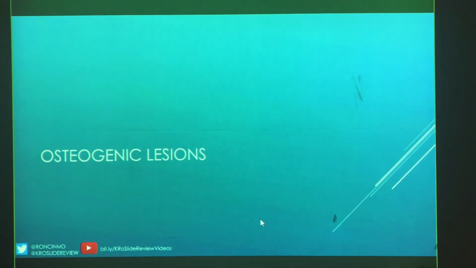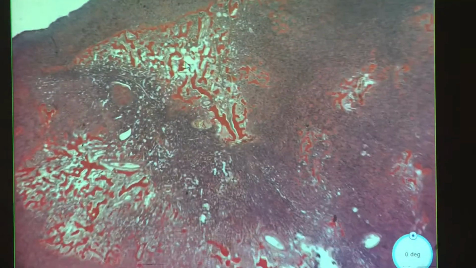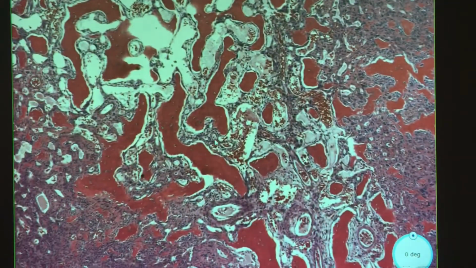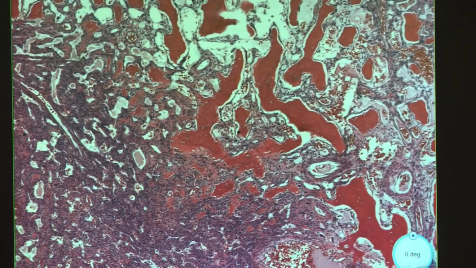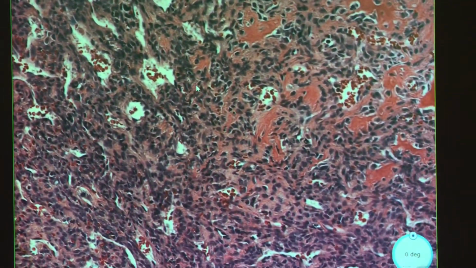So now we're going to move on to our osteogenic lesions. This is case 8. So we're going back into the purple type, very cellular lesions, which also looks like it has maybe some bone component to it. Alright, definitely we have bone. What does our actual tumor lesion look like?